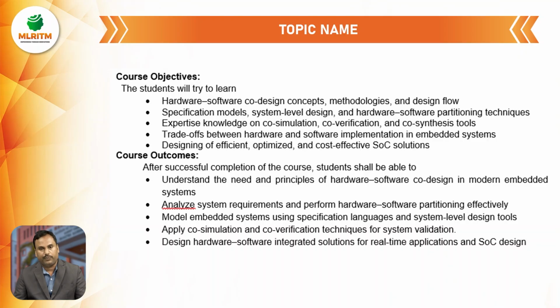As I said in the previous lecture, the second outcome is the outcome of Module 2, that is, analyze the system requirements and perform hardware software partitioning effectively. This is the outcome we are going to discuss in detail in Module 2, that is prototyping and emulation.